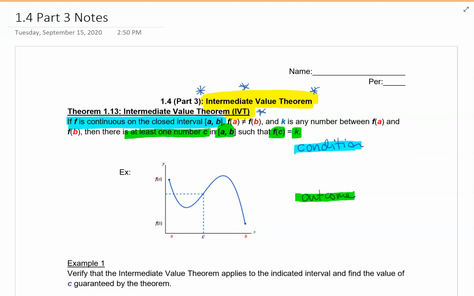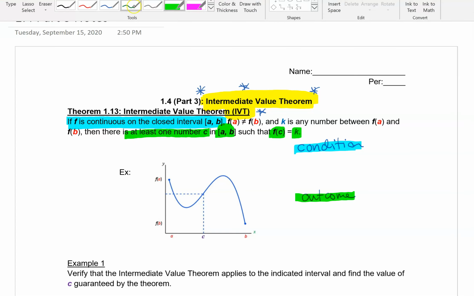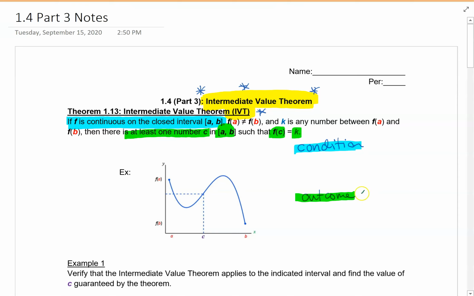Well, first of all, we want to keep in mind that there are two intervals that we're talking about here. The outcome requires two intervals. We've got the x interval, which is the main part of the outcome. So you have your x interval from a to b, and then you've got this value c, which is between a and b.